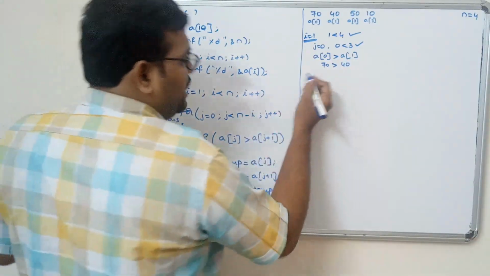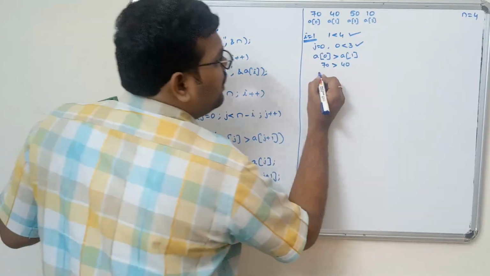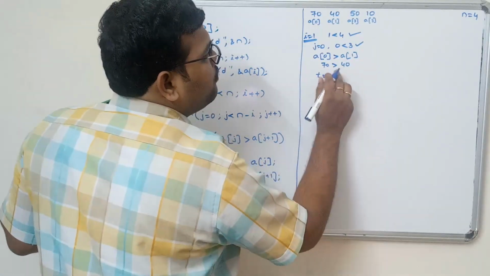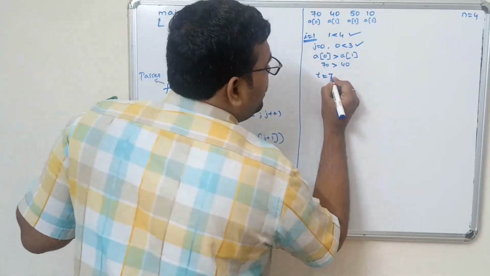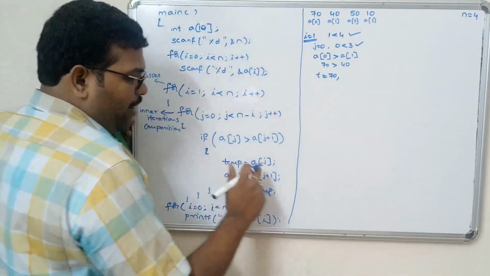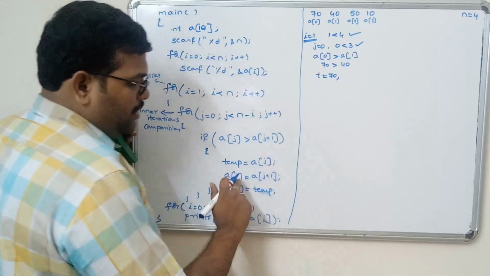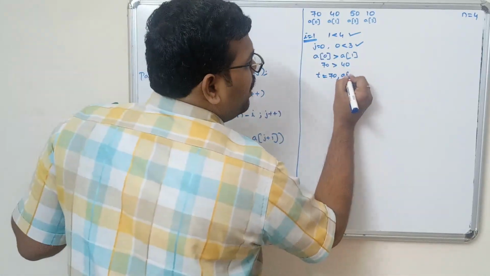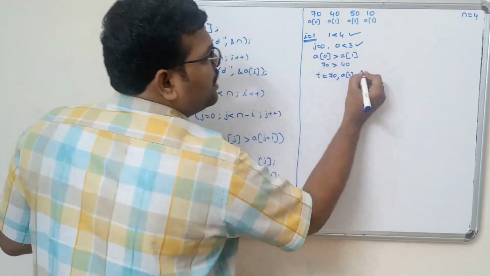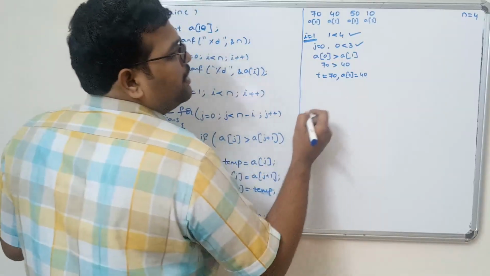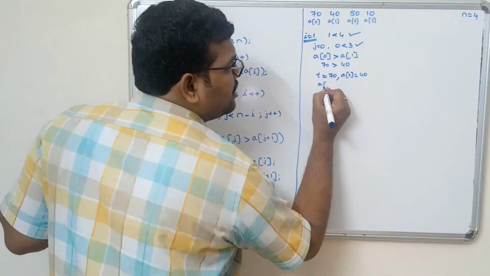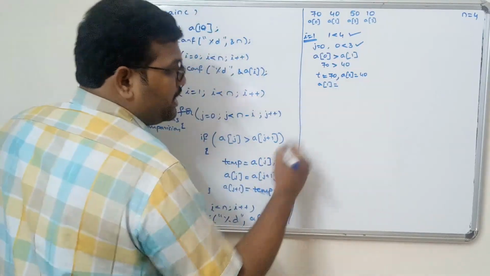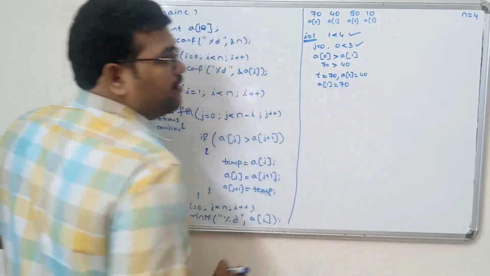So temporary is equal to a of j, here a of 0, so 70. Next, a of j is equal to a of j plus 1, that means 40. Then a of 1 is equal to temporary, that is 70.